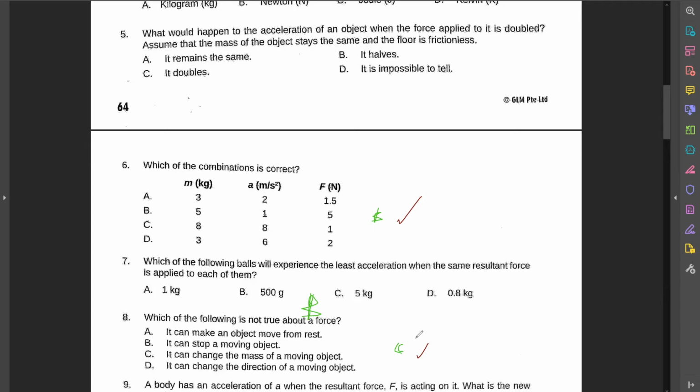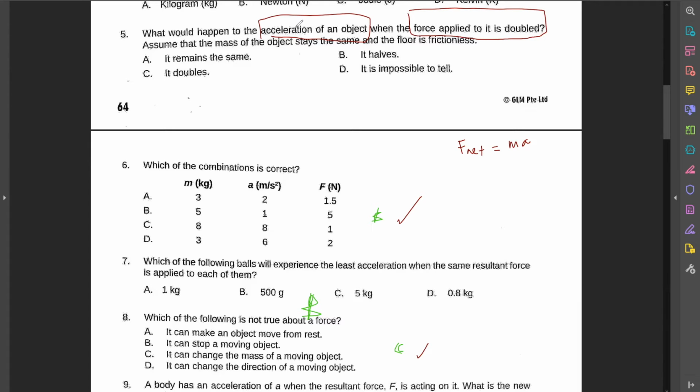Okay, question 5. Question 5 and question 7 are kind of related. They're all using the same formula. Remember just now I said F net equals mass times acceleration. So resultant force is mass times acceleration. For question 5, what happens to the acceleration of the object if the force applied is doubled?